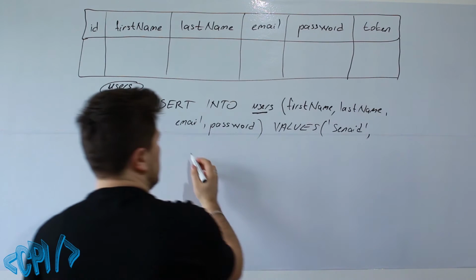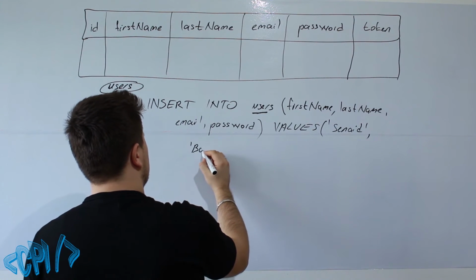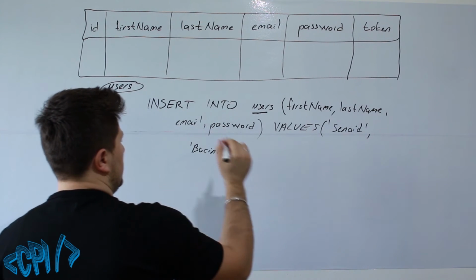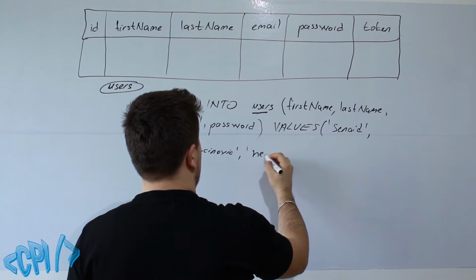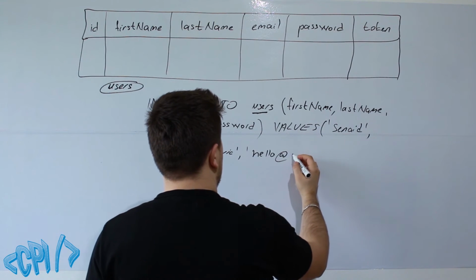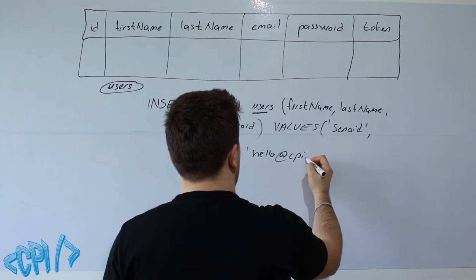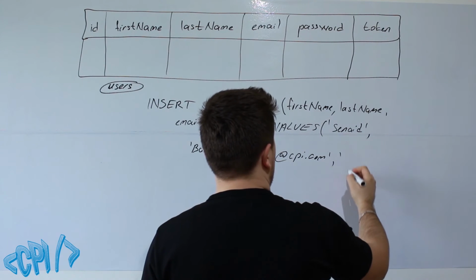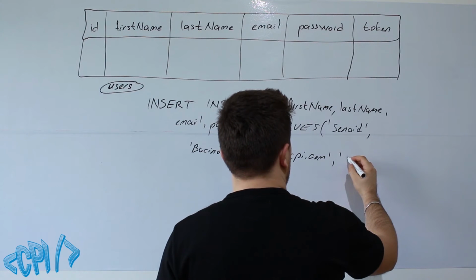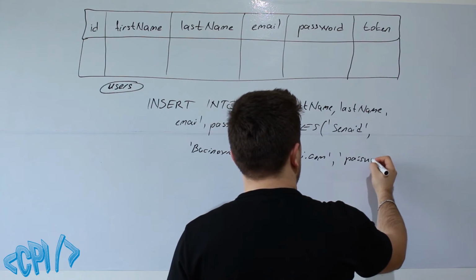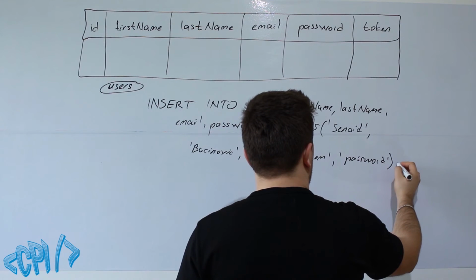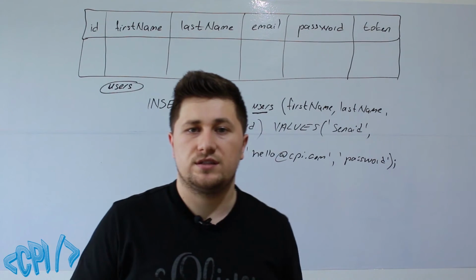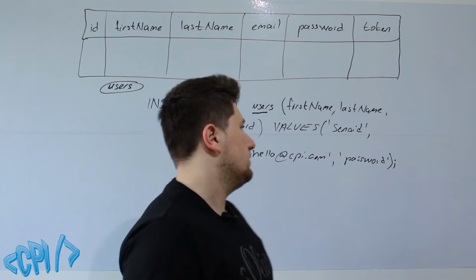For the last name, let me continue here, okay, email is hello@cpi.com, it doesn't matter really, and the last one is password. Okay, password is password, it doesn't matter. And that's it. This is the command in SQL language that we will just execute from our PHP code.